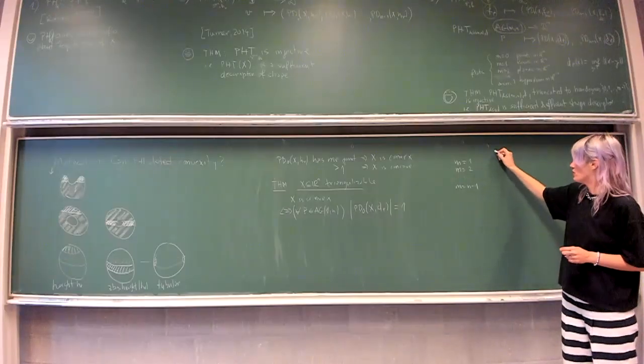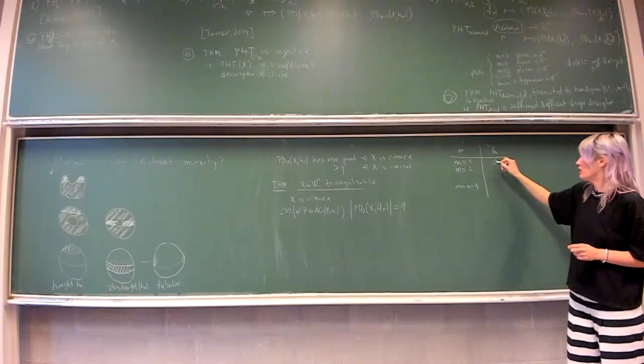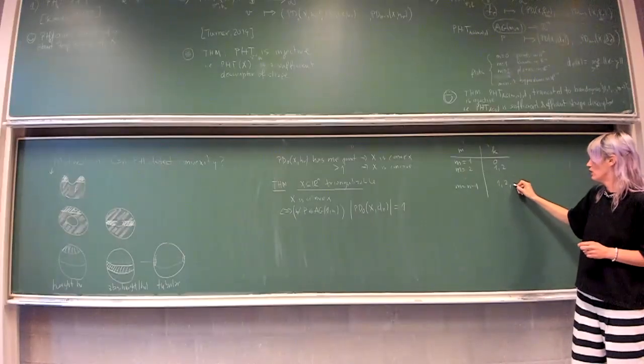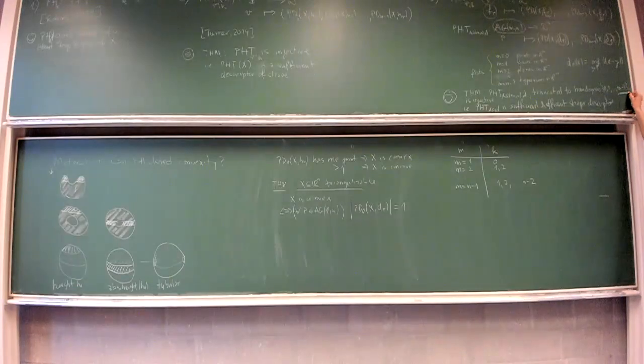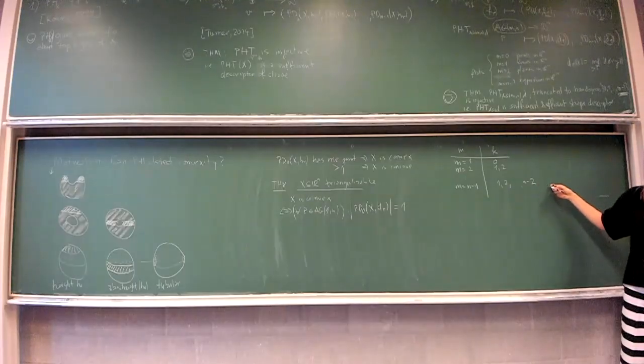Here you only need homology degree 0, here you need homology degrees 1 and 2, and here you will go up to n minus 2, because it's up to n minus 1. And the classical one needs also the final one.